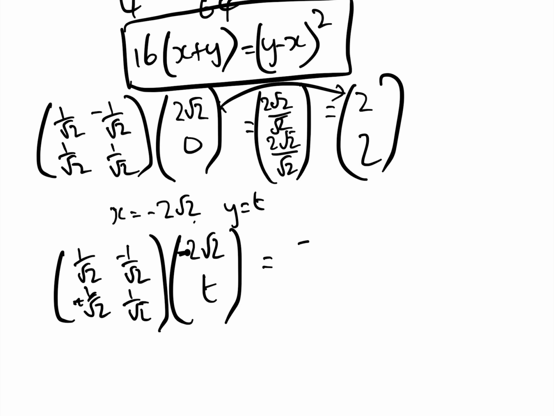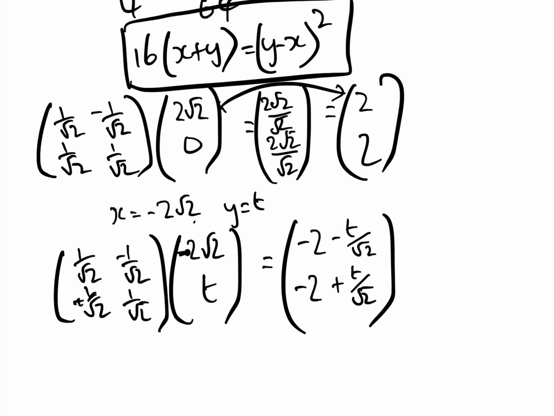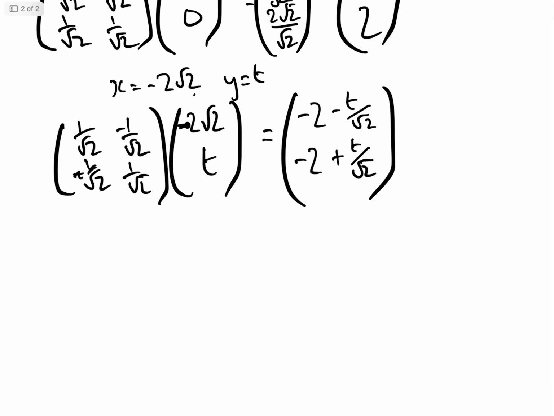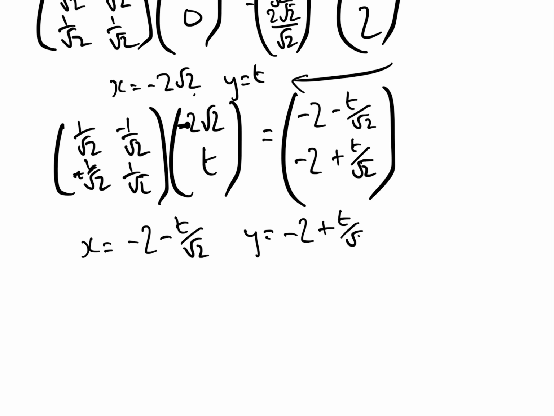That would give us minus 2 plus t over root 2, minus 2 add t over root 2 for any t. So therefore, the parametric equation of the rotated directrix is x equals minus 2 minus t over root 2 and y equals minus 2 add t over root 2.